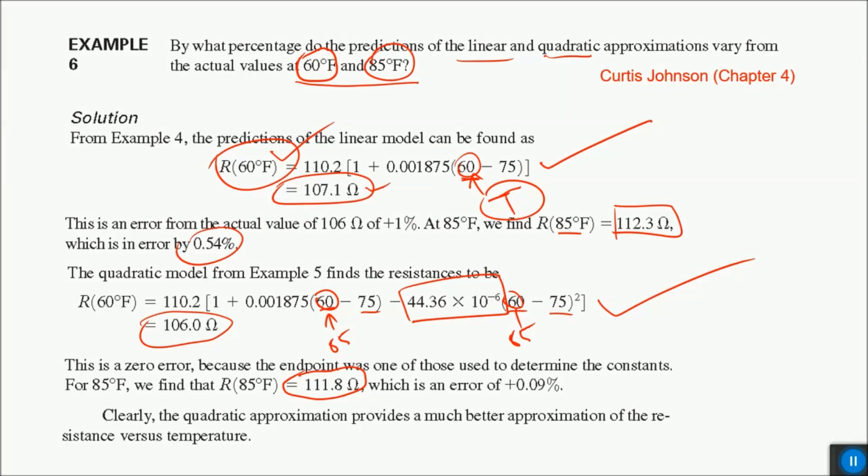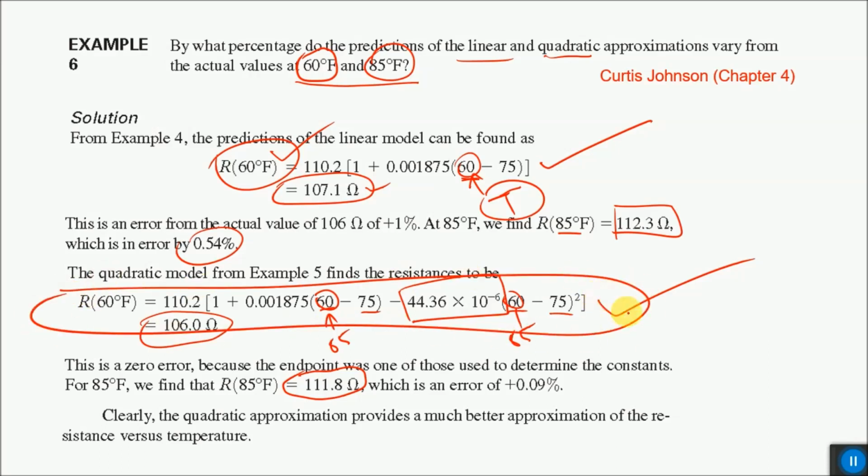Now if your application requires you to measure temperature very precisely, you should go for this quadratic approximation and you should use this formula without any doubt, regardless of the requirements of processing power. But if your application allows an error of around 1 to 2%, but you don't have enough processing power for solving a quadratic equation instead of a linear equation, you should go for the linear one.